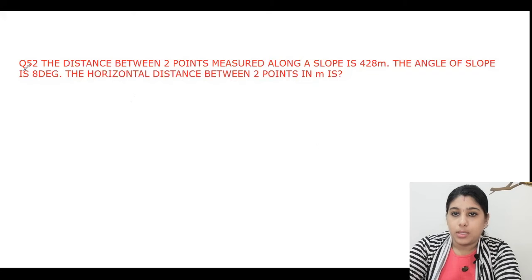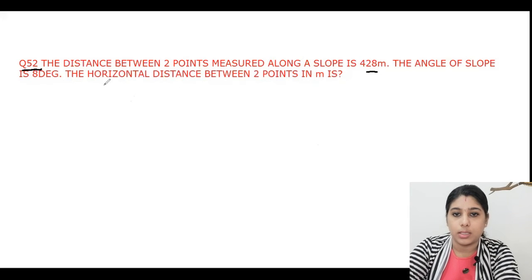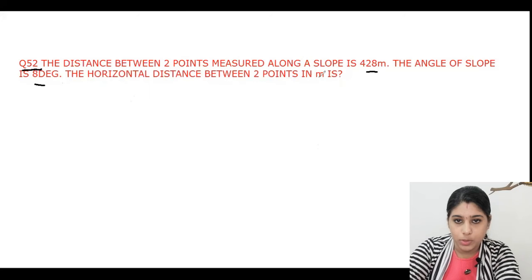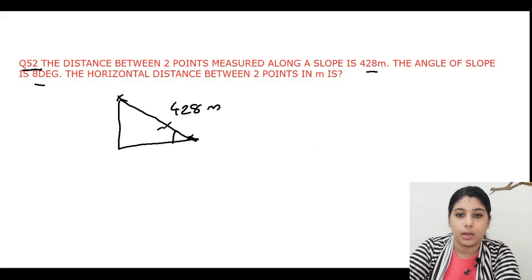2. The distance between 2 points measured along a slope is 428 and the angle of slope is 8 degree, and the horizontal distance you have to find. Suppose these are the 2 points on the slope. So this length is already given as 428 meter and the slope is given as 8 degree angle of slope, and we have to find the horizontal distance d.